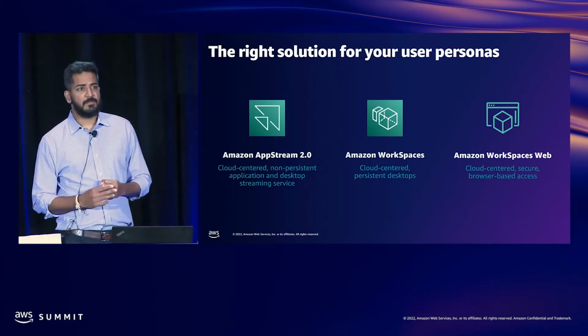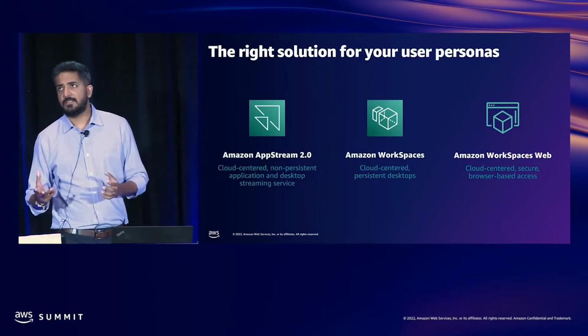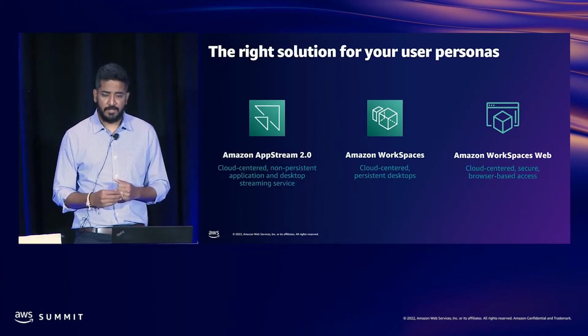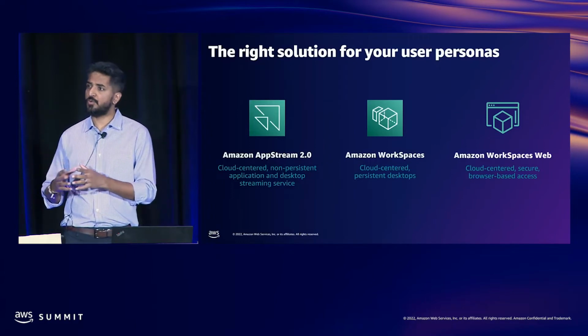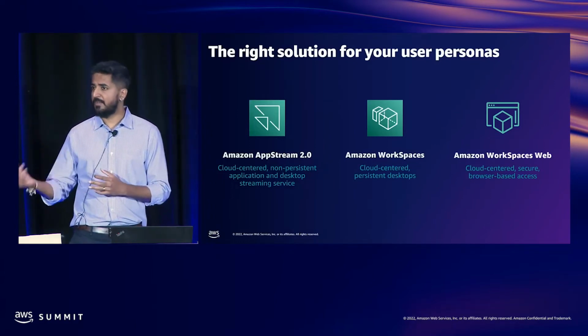And then we have Amazon WorkSpaces Web. Amazon WorkSpaces Web is a new offering which we launched during re:Invent. It is a browser-based solution. Basically, it's a Chromium-based solution where the user can log in and then browse through their internal network or internal applications or log into some of the internal websites.